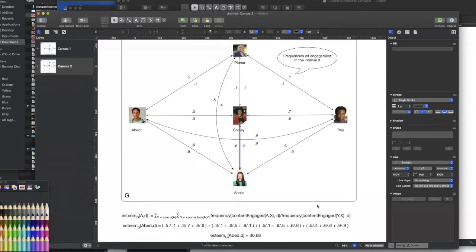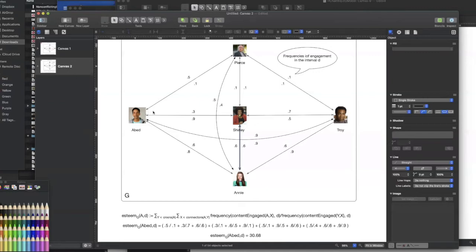If you're going between Abed and Pierce, then you have to look at the path this way, the path this way, and the path that way. Does that make sense? Each comparison has to have 3 components. That's what I'm getting at.